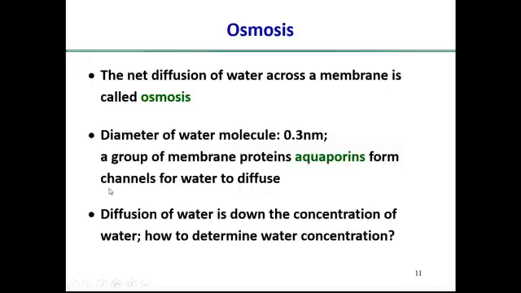They are everywhere on the cell membrane, so water can cross easily. Remember, water is polarized. That means it is charged, so it doesn't cross the membrane easily. So it needs this specialized channel to cross the membrane.